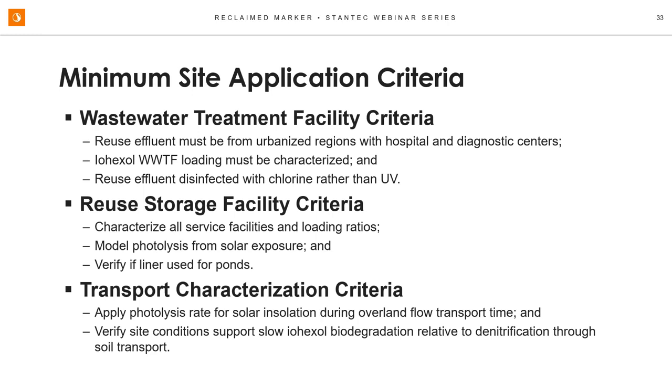Secondly, even when you have enough iohexol, you obviously have to get some understanding of its loading to the environment. In other words, how is it changing in your effluent, both as a result of the diurnal curve, but also is there a weekly distribution?